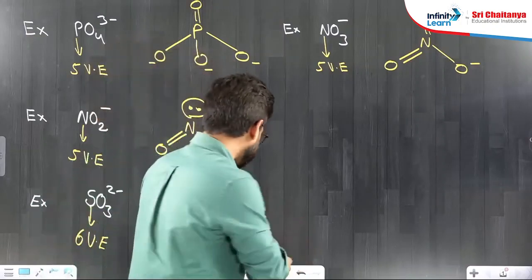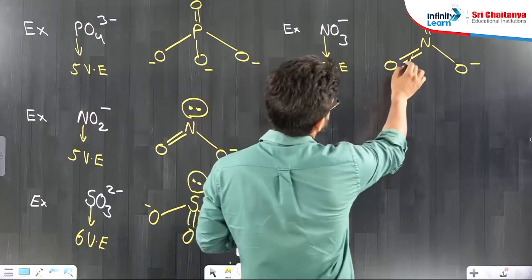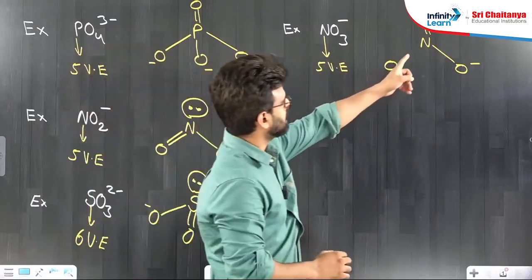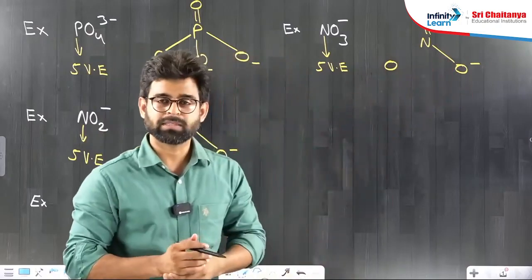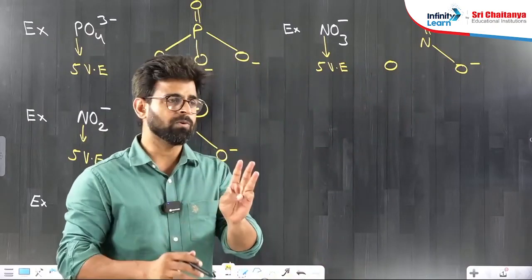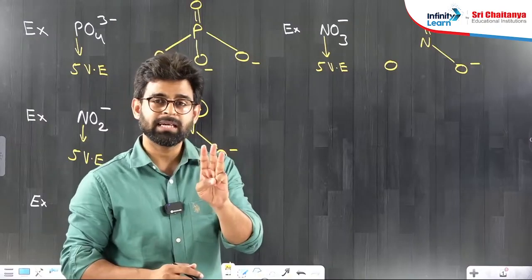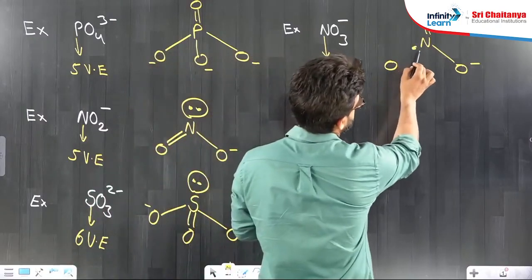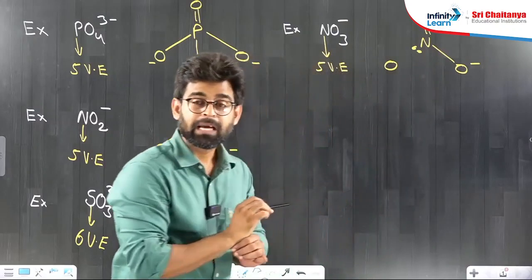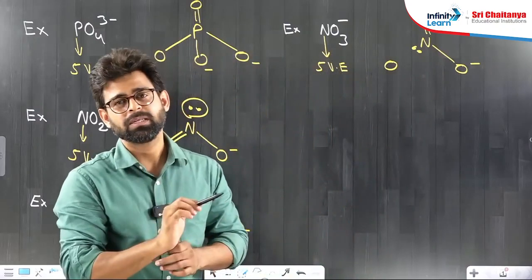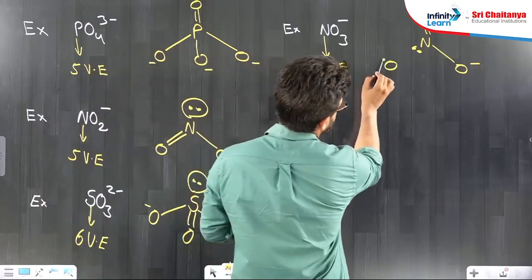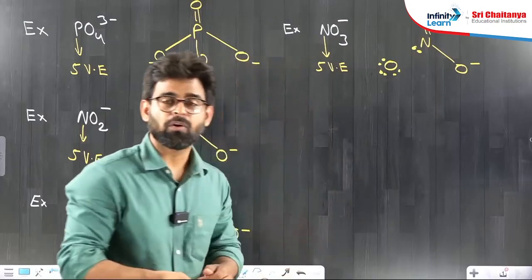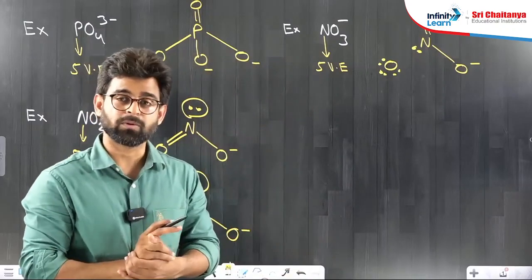Okay. So we will modify a little bit. Imagine up to here, you see nitrogen made 3 bonds. And after making 3 bonds, 2 electrons are remaining. So I am showing those 2 electrons here only. As nitrogen cannot make here double bond, and here oxygen is having only 6 electrons, so to complete the octet of oxygen, it will make a coordinate bond here.